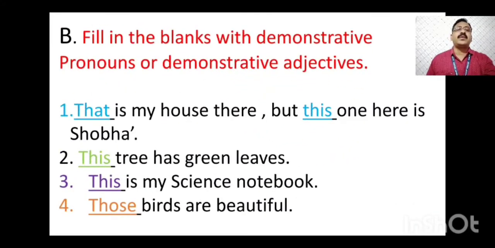Part B, fill in the blanks with demonstrative pronoun or demonstrative adjective. You have to write, if it is a demonstrative pronoun, you write there. If it is a demonstrative adjective also, you can write in those dashes. First one, dash is my house there, but dash one there is Shobha. Here, that is my house, but this one here is Shobha.